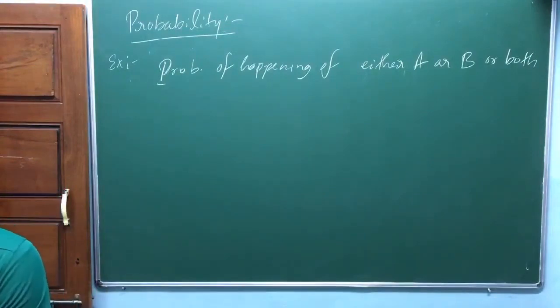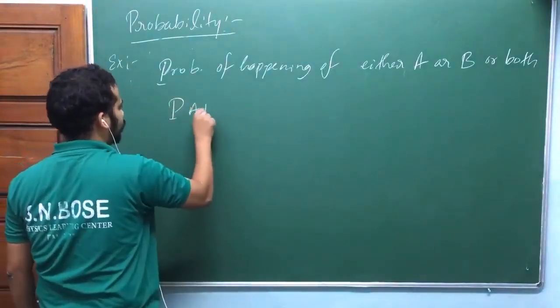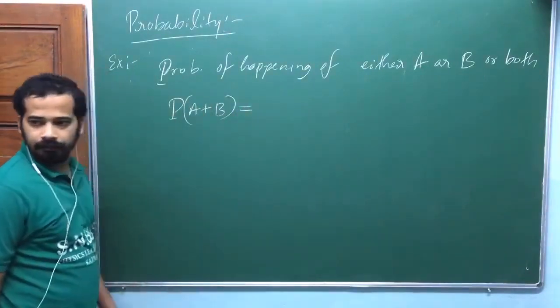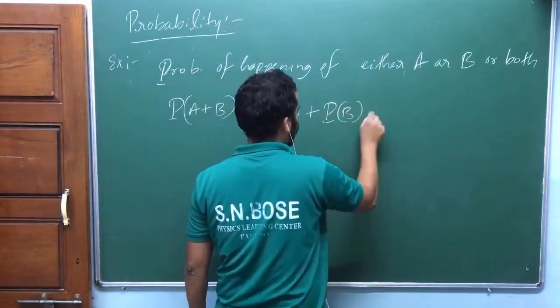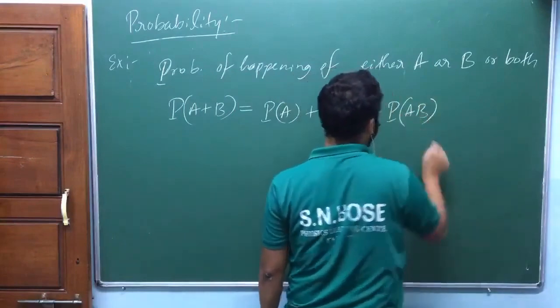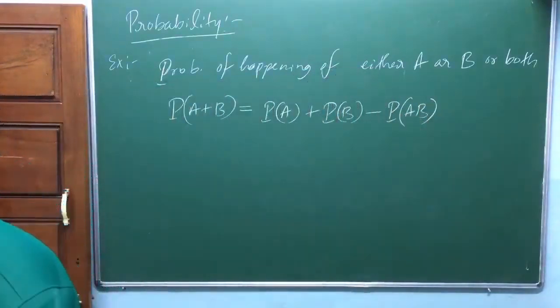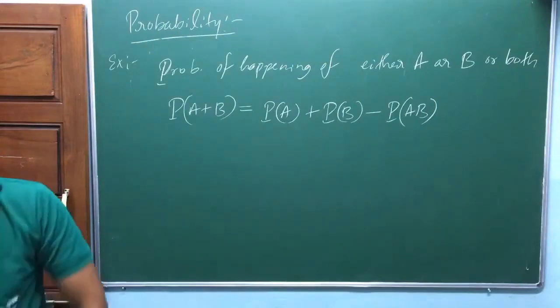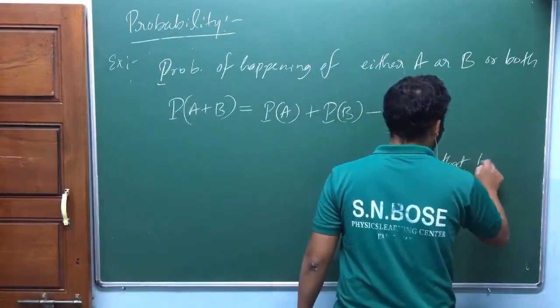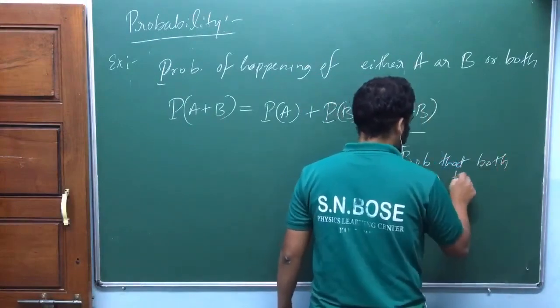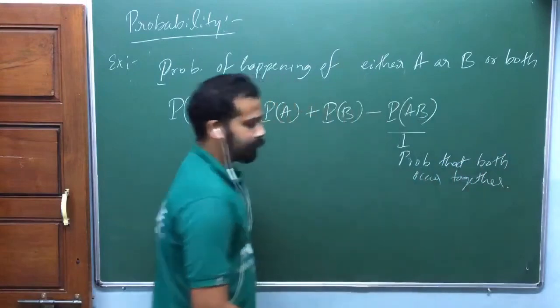That's equal to, we are going to write P of A plus B. That's equal to P of A plus P of B, wait a second, minus P of AB, where this is the probability that both occur together.